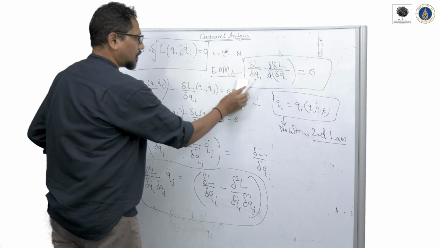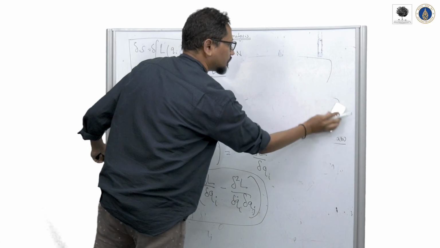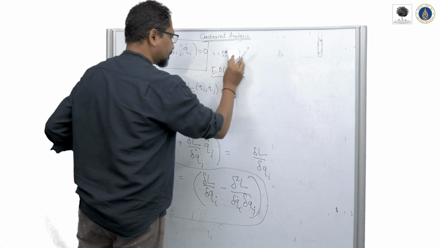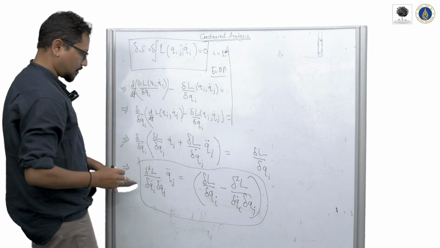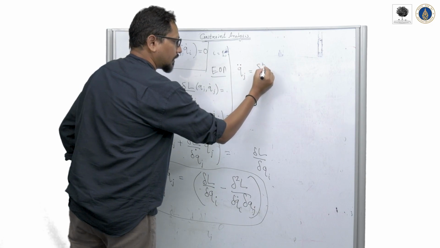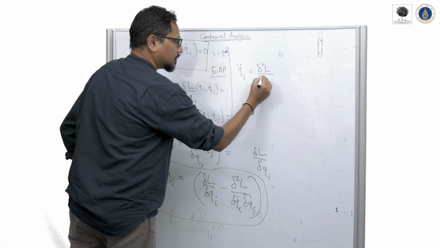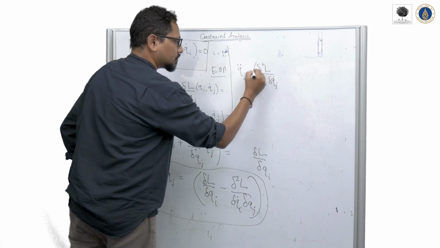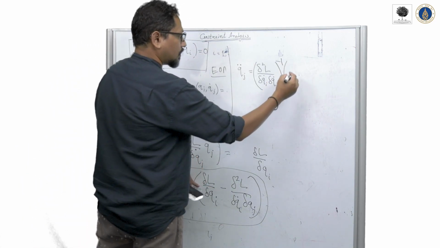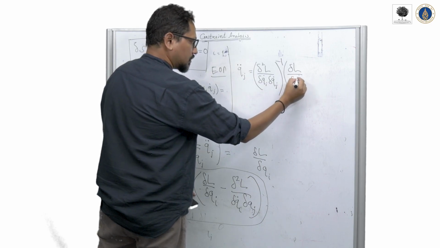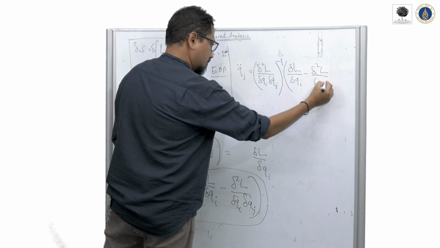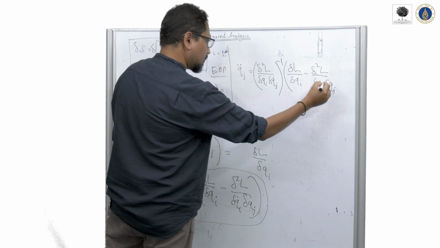Now Qj double dot will be del 2 L by del Qi dot del Qj dot inverse, because this would go there, del L by del Qi minus del 2 L by del Qi del Qj times Qi dot.